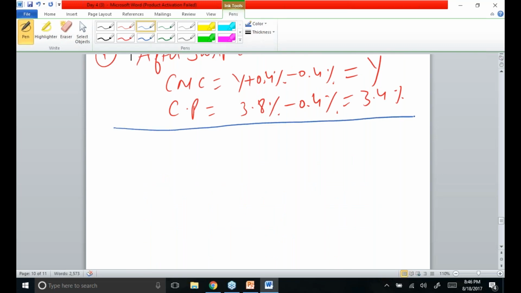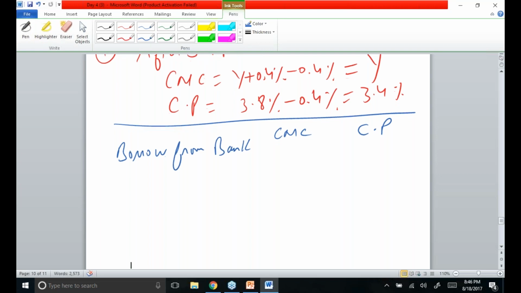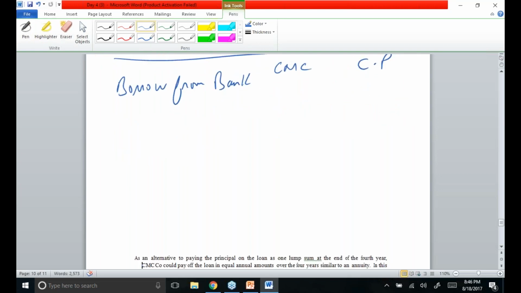But if you want to make the swap structure, it will be like this: CMC, counterparty, borrow from bank, after swap cost.